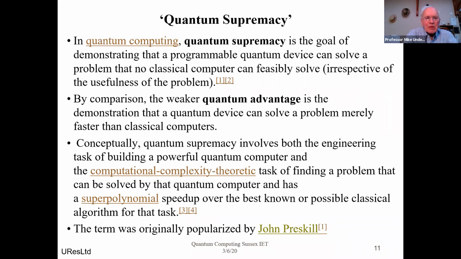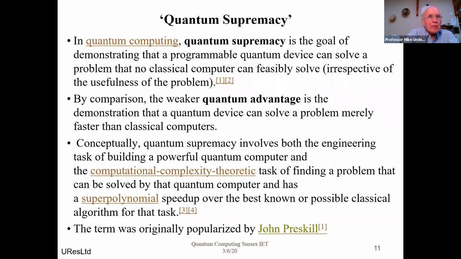And then it goes on with a little bit of technical speak. Super polynomial speed up are the best known problem for the task. But anyway, just note that John Preskill originally popularized that particular term of quantum supremacy.